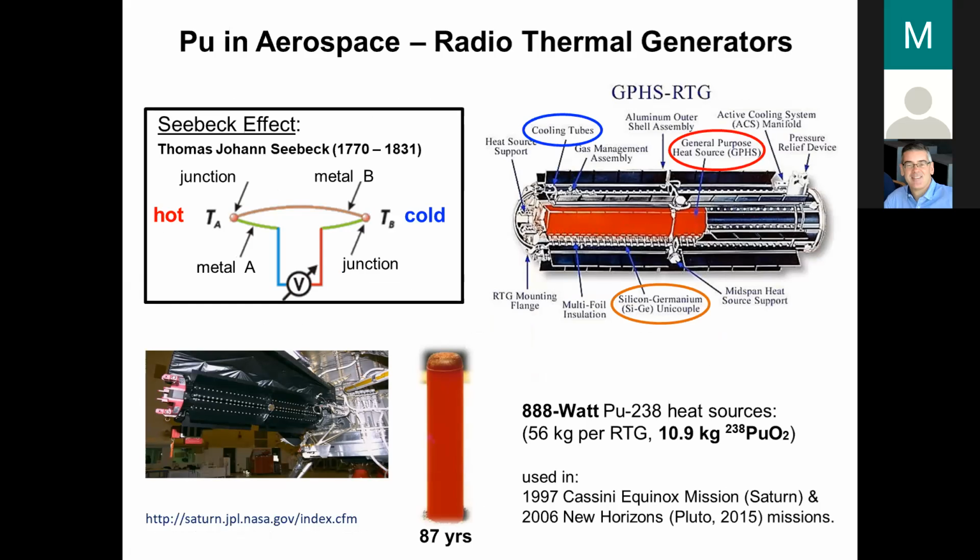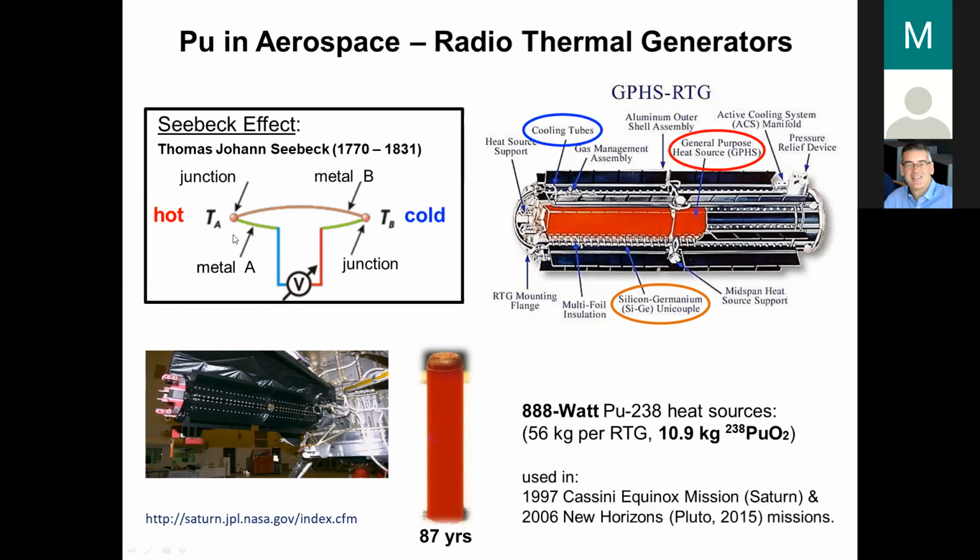And NASA has decided to go for so-called radiothermal generators that rely on the so-called Seebeck effect, which is nothing else than a thermocouple in which 2 different metals, for example, iron and copper, or in this case, because it gives a better current flow through the cell, a silicon germanium contact, where the two metals are soldered together to give two junctions.